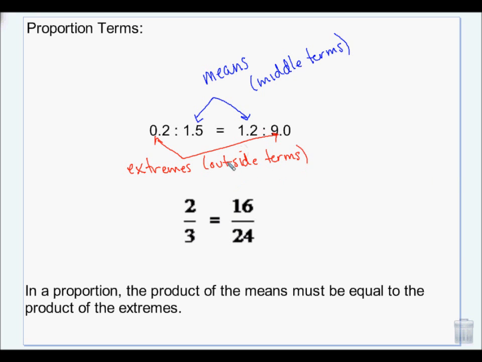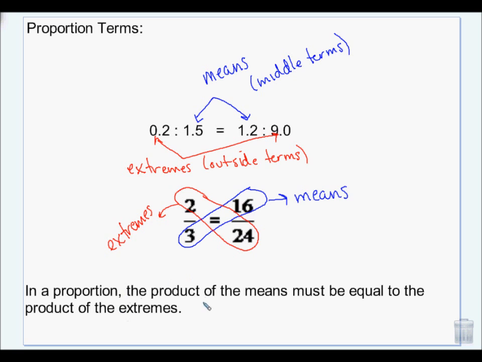It's easy to see which are the means and the extremes when you've got your proportion written with colons. But like I said, a lot of times fractions are the most common way that we see proportions. So when this happens, these two are my means, and these two are my extremes.